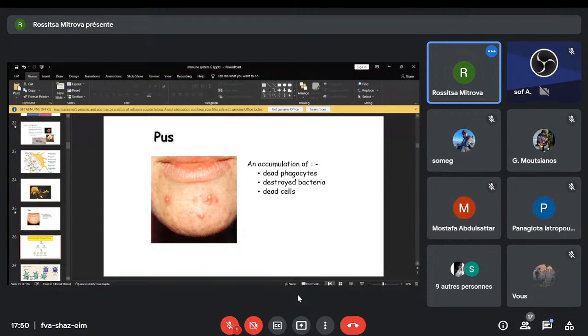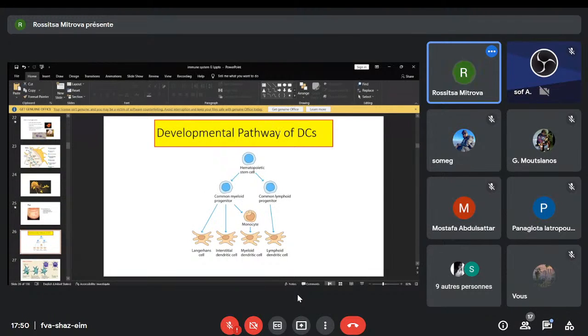Here is the development of dendritic cells. You remember that the hematopoietic stem cell gives two daughter cells, the common myeloid progenitor and the common lymphoid progenitor. From the common myeloid progenitor come all the other cells that are produced, even erythrocytes and thrombocytes.